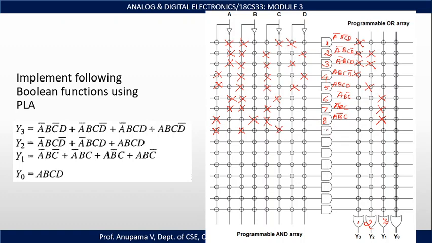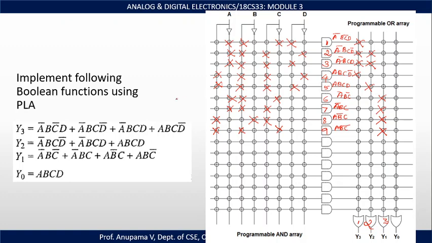So we will implement A, B, C bar using AND gate 9. So the output of AND gate 9 is A, B, C bar, which is the input for OR gate 3. So in the OR array 3 and output of AND gate 9, draw X mark. So we have implemented Y1 using OR gate 3.